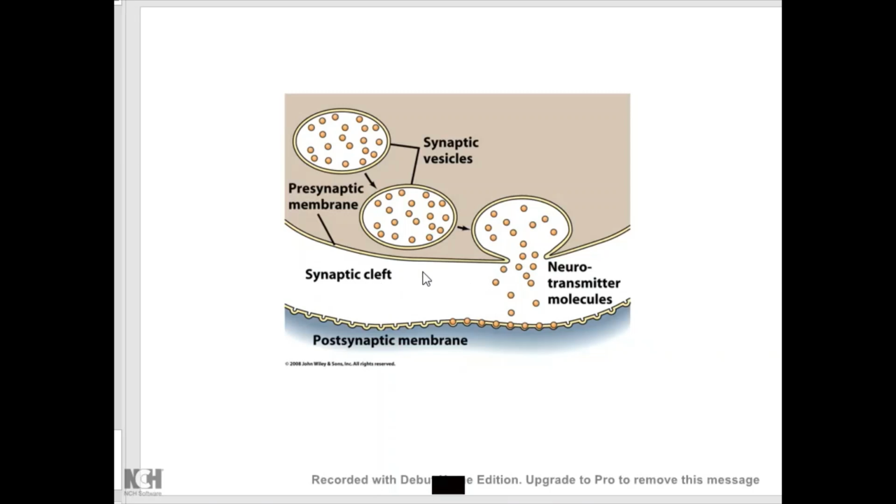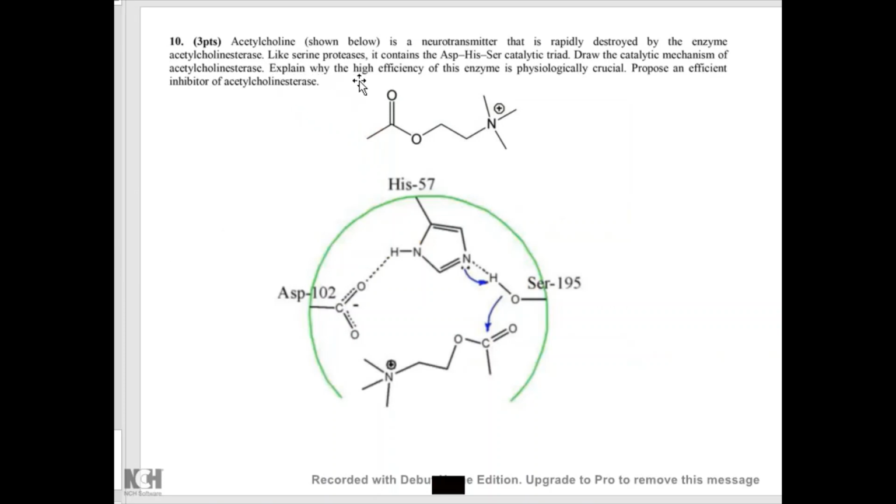This synaptic cleft contains enzymes that degrade the neurotransmitter. In the case of acetylcholine as a neurotransmitter, you have acetylcholine esterase that acts to remove the neurotransmitter from the synaptic cleft. The quicker the enzyme acts, the more signals can be transduced in a second. So basically, I already answered this question, explained why the high efficiency of the enzyme is physiologically crucial.